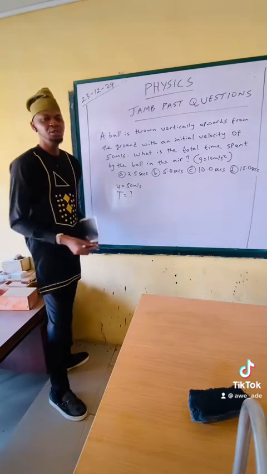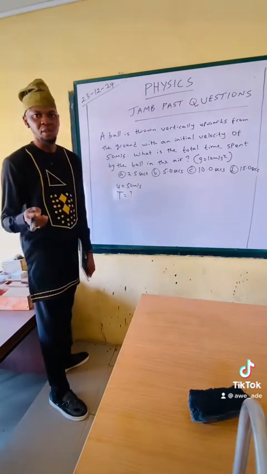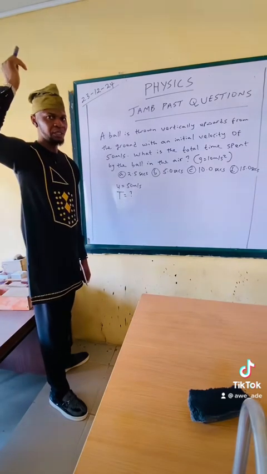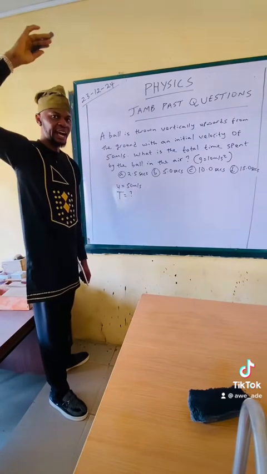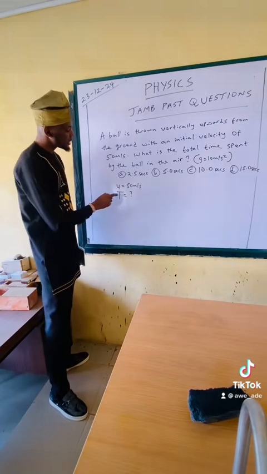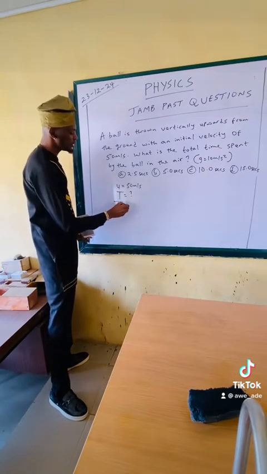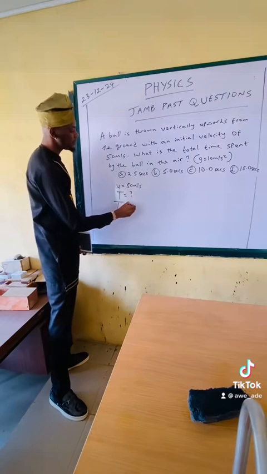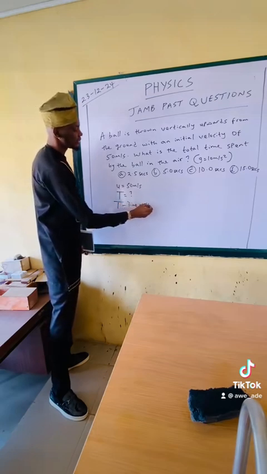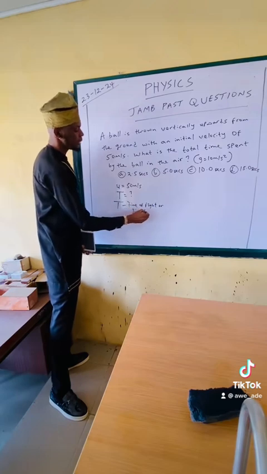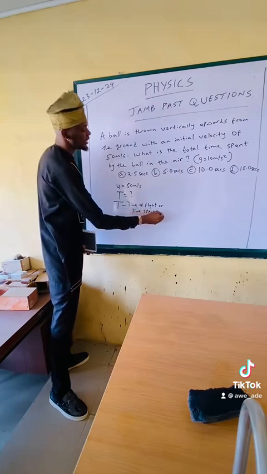So if we are using small letter t to represent time taken by the object to go up or to reach maximum height, then that means our big T, which is time of flight. Don't forget, this big T is time of flight or time spent in air.